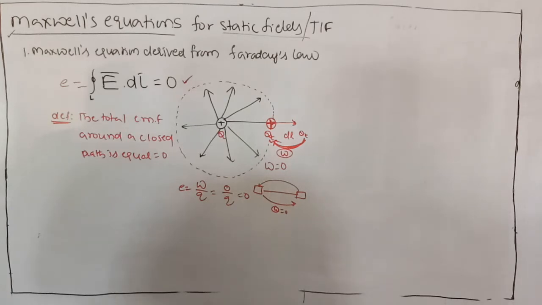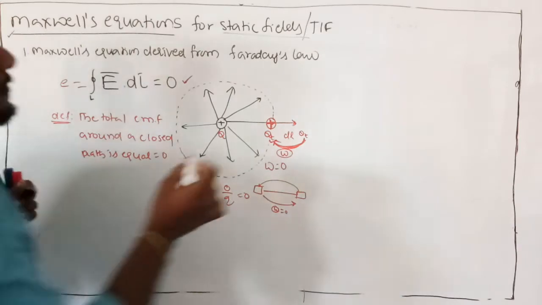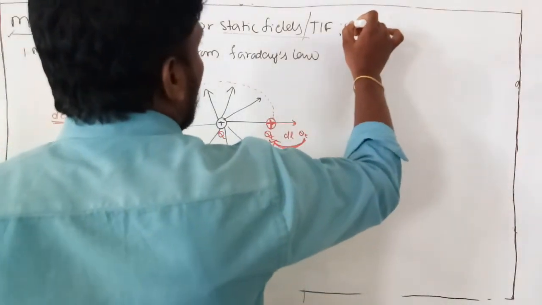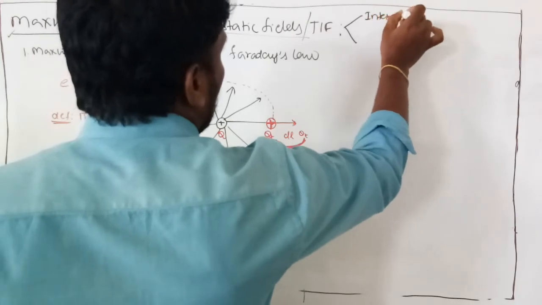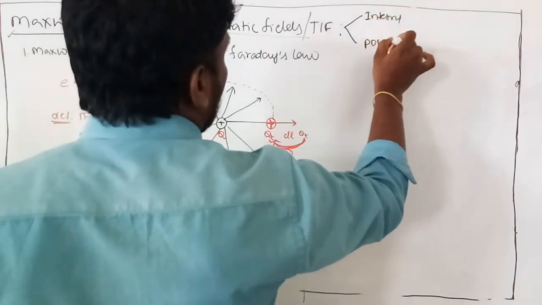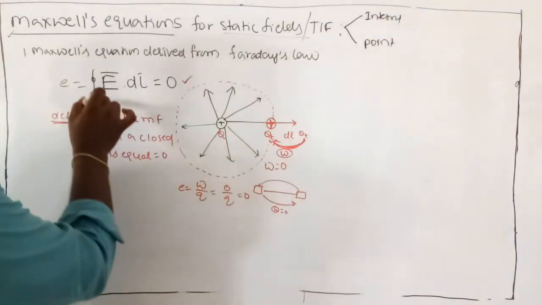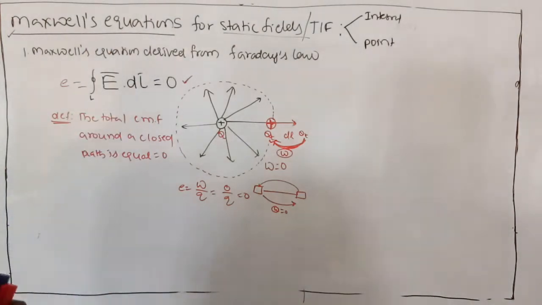Now tell me, is it an integral form? I already told you that Maxwell's equations are derived in two forms: one is integral form and the other is point form. Now tell me, this is in which form? As this equation consists of integration terms, it is an integral form.